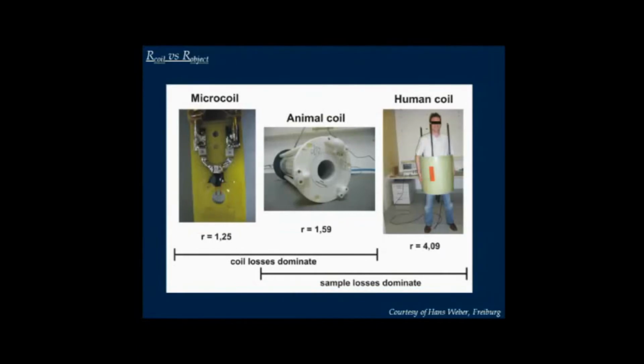And if you have microcoils, where the sample is negligible compared to the lot of wires and cables and coil you have, then the coil losses dominate. Here you see the ratio, for example, for a microcoil is 1.2, and for this, which in fact is a head coil, even if someone is in, it is around 4.